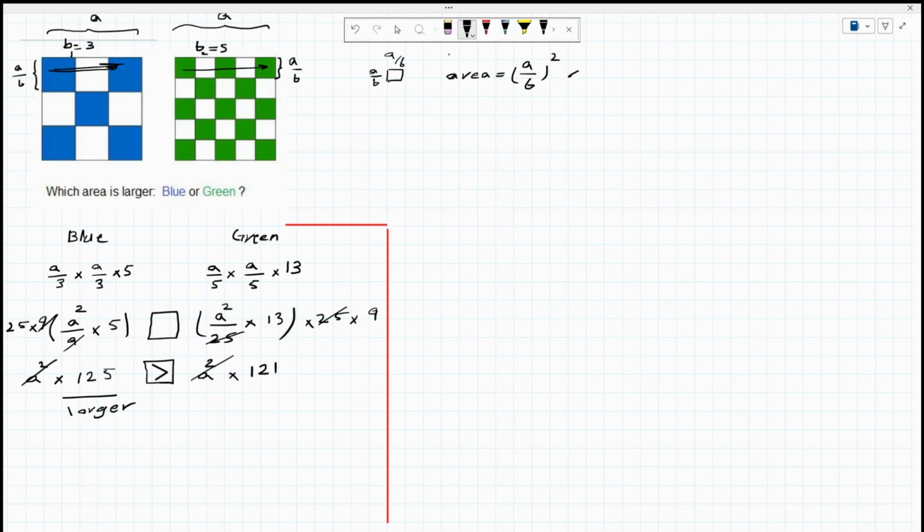And then I'm going to introduce a new parameter, n, to see how many squares I have in that situation. So n is basically the number of small squares.